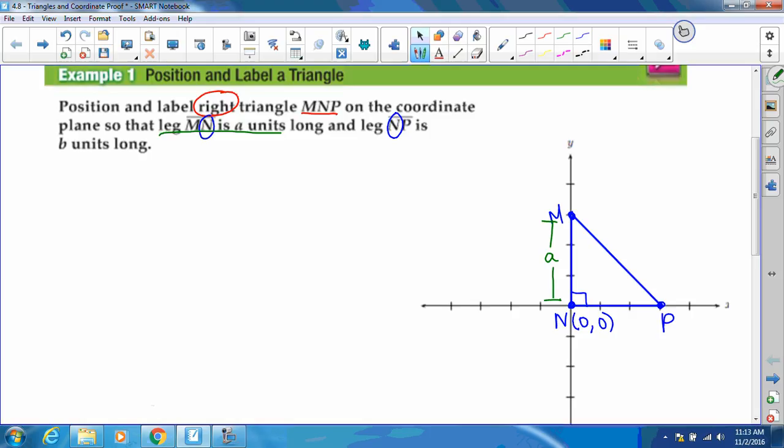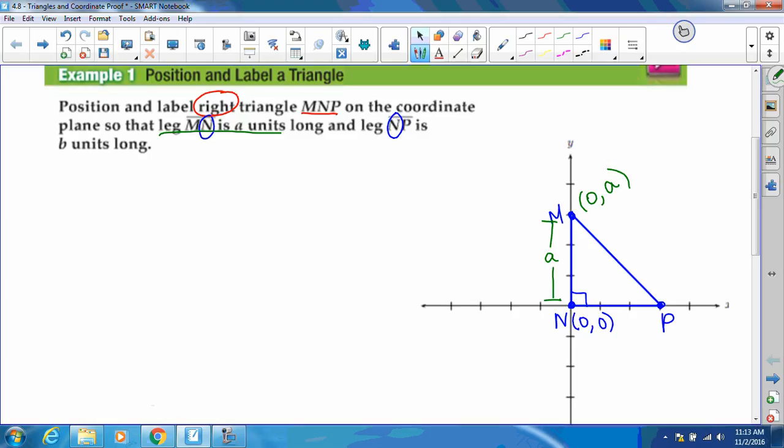Think about it: if I said I want that leg to be 5 units long, then if N is at 0, M would have to be up here at 5, and if it's on the y-axis, that would be (0, 5). Or if I said I want it to be 3 units long, M would have to be (0, 3). In our case, we want it to be A units long, so this would be (0, A).